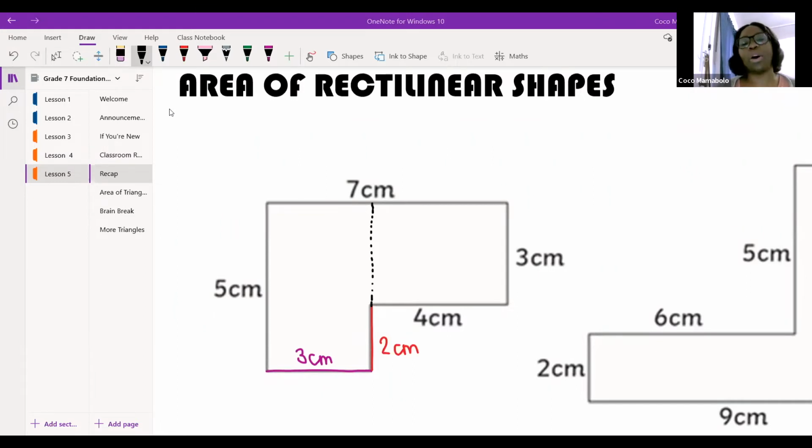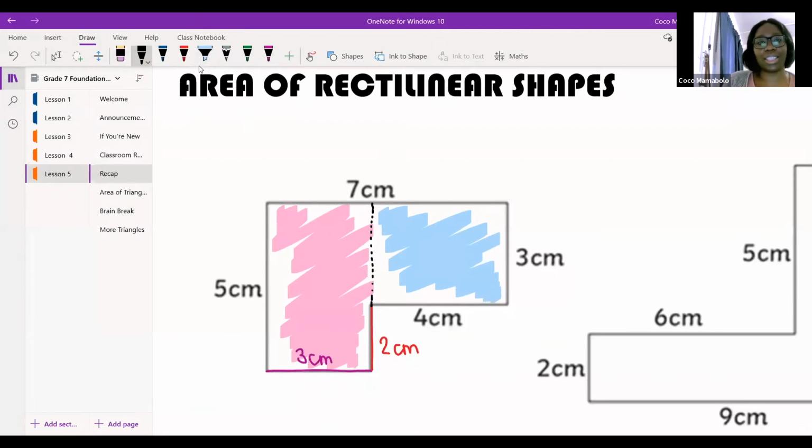All right. So Olonda says what we're going to do is split our rectilinear shape into 2 rectangles. First we're going to have this rectangle over here, and we're going to calculate its area, and then we're going to calculate the area of this other rectangle, and put them together. We'll call this one A1 and this one A2. The area of A1 is 5 centimeters multiplied by 3 centimeters, which gives us 15 centimeters squared.